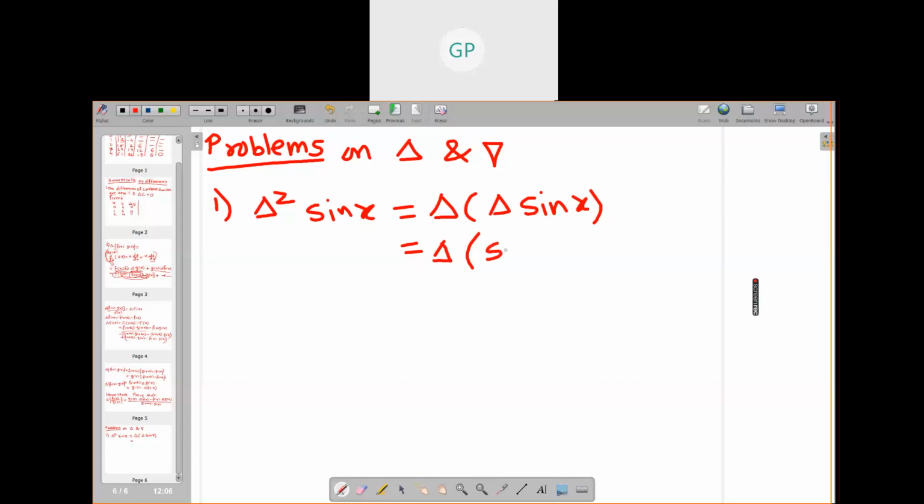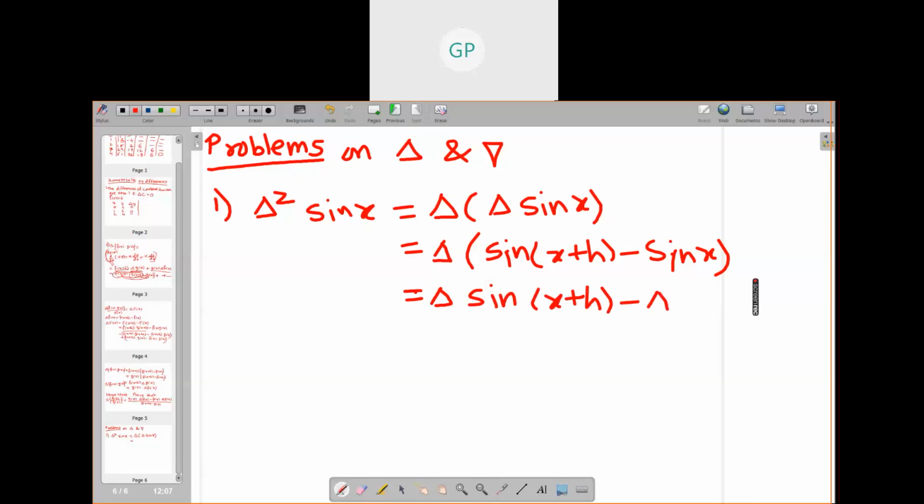Sin of x plus h minus sin x. Correct. So this is distributive. We will write delta sin of x plus h minus delta applied on sin x.